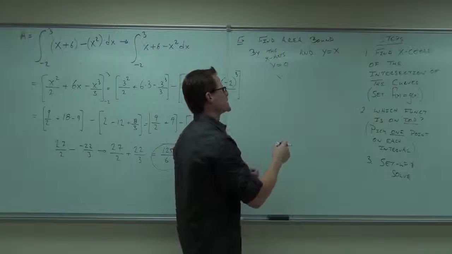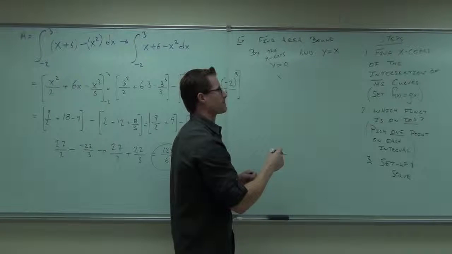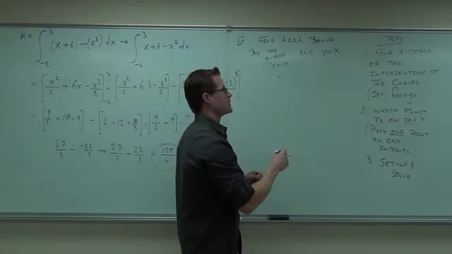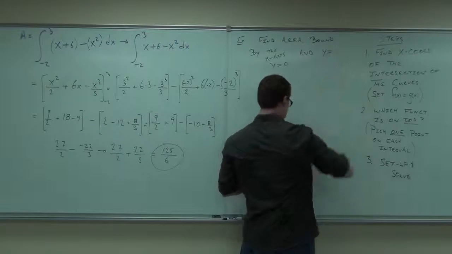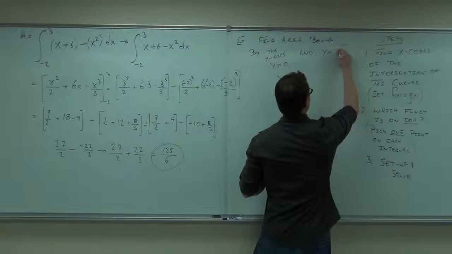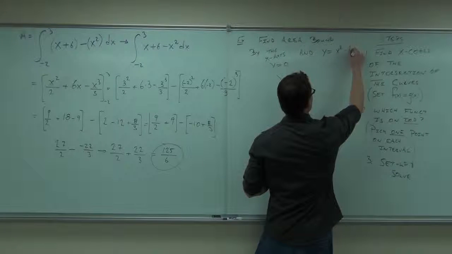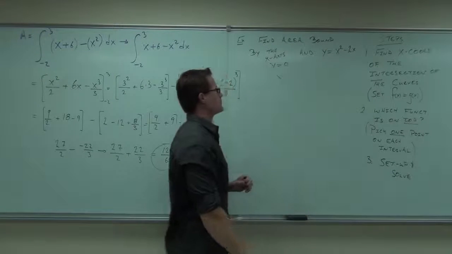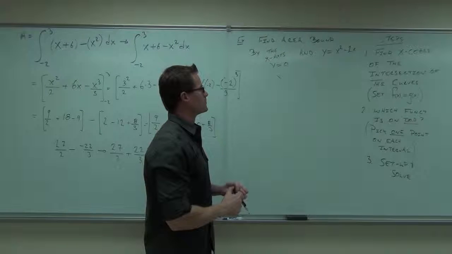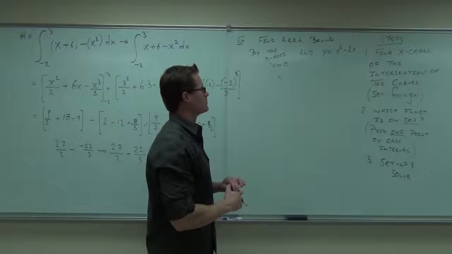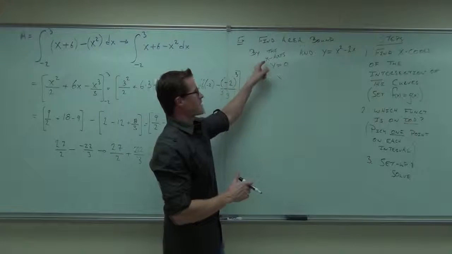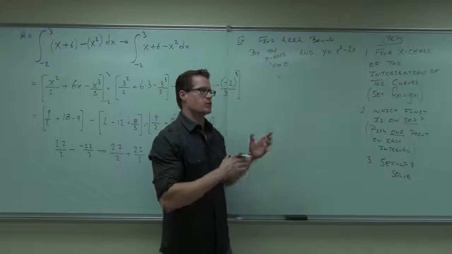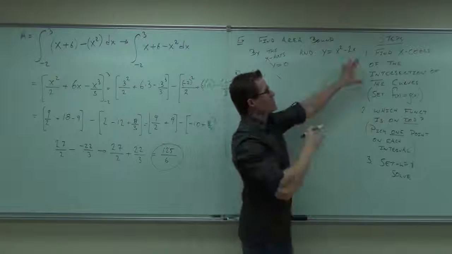How about, 0, 1. Like that. If I asked you to do that, find the area bound by the x-axis and that curve, how you would start it out is you would do the same thing.